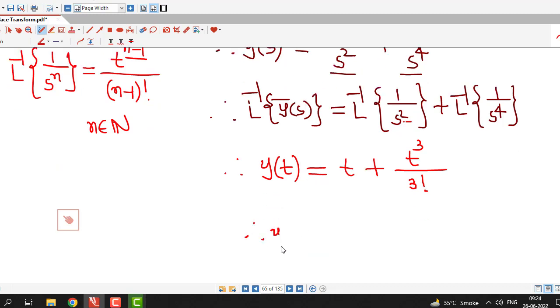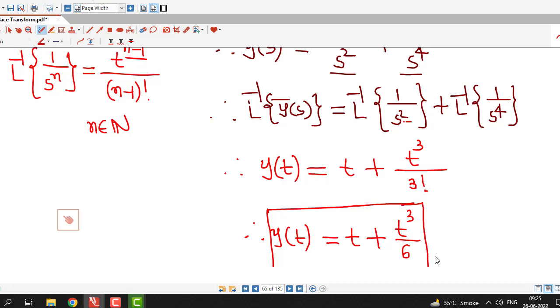And finally we obtain our unknown function y as t plus t to the power 3 divided by 3 factorial. So in this way we can solve this type of integral equations using Laplace transform.